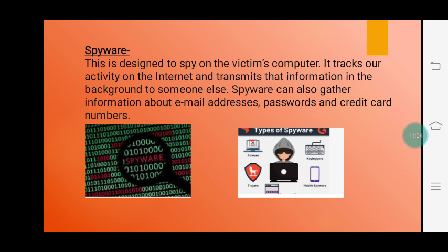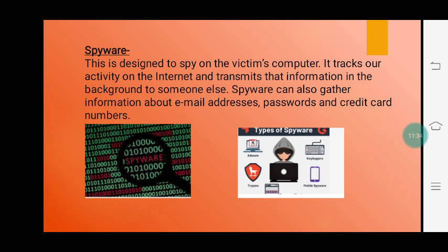Next is the spyware. Now this is designed to spy on the victim's computer. Mostly the use of this spyware is to know what our daily activity is so that the attacker can make use of our information. It tracks our activity on the internet and transmits the information in the background to someone else.